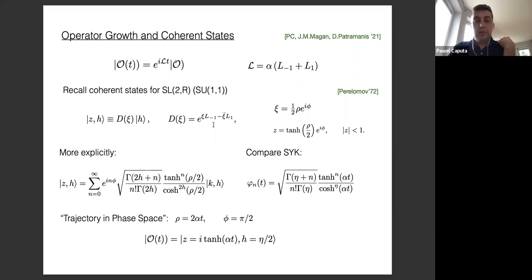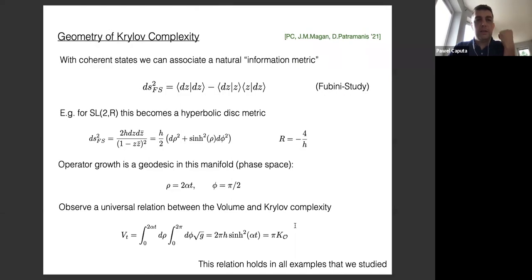And again, let me remind you that this was all possible by representing the Liouvillian by these ladder operators in this Krylov space. Okay, and then there's another important thing that we'll use from the story of coherent states, namely the so-called Fubini-Study metric.